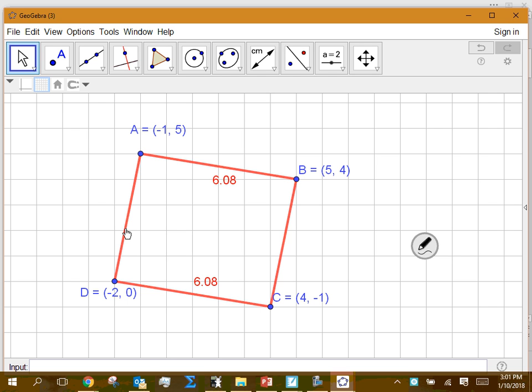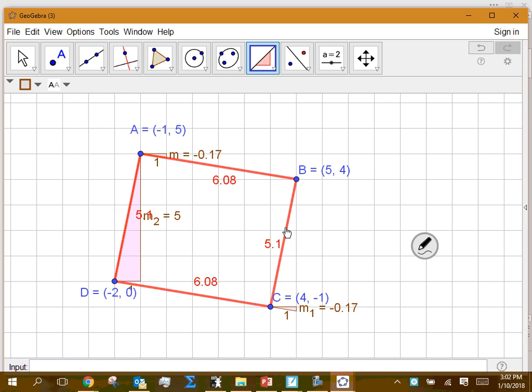Could I then find, and that's just one pair, I need both pairs. So I'll find that distance there and that distance there. And based off of that, we can now argue, we can make the conclusion that it is indeed a parallelogram. But the real reason why is because when those distances are the same, look what happens to the slopes. Are those slopes the same?